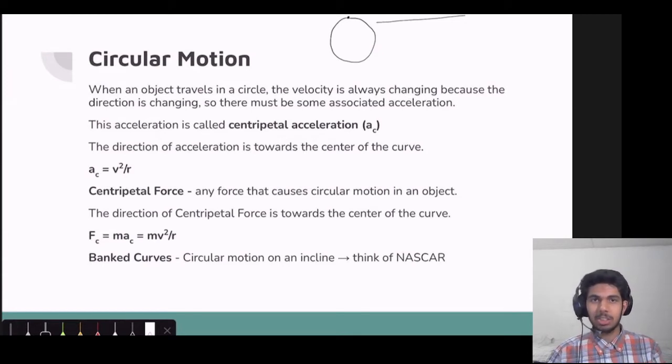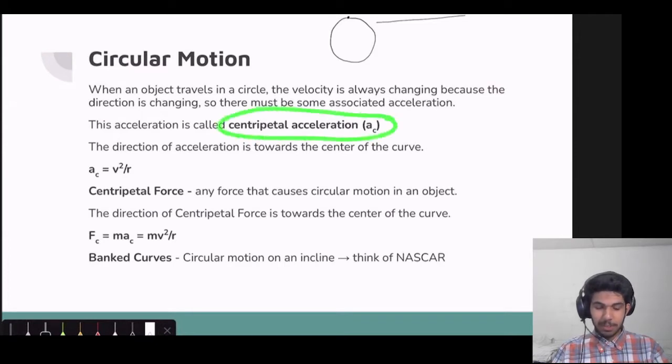So direction is changing, velocity is changing, and what does that tell us? Well, when there's a change in velocity, there must be some acceleration present. So there must be some associated acceleration. And we call that acceleration centripetal acceleration.